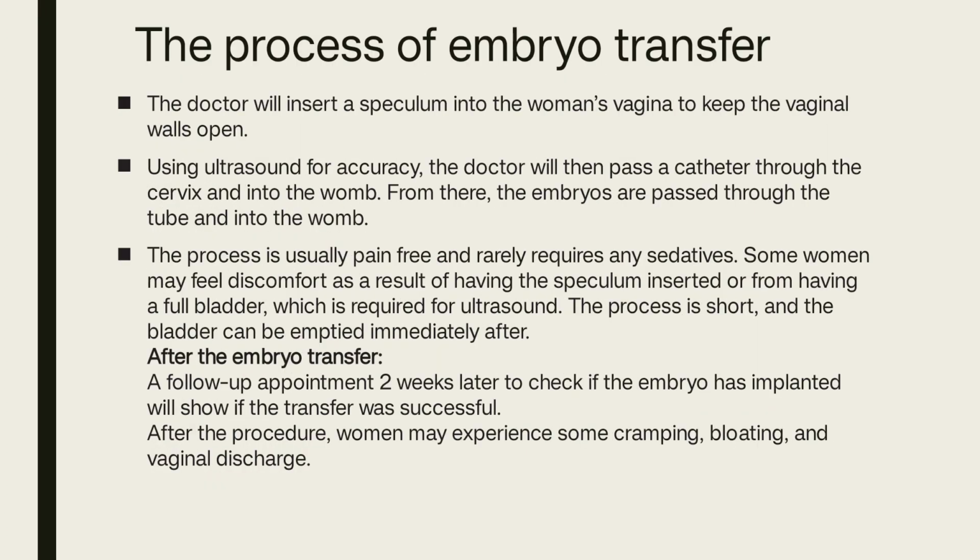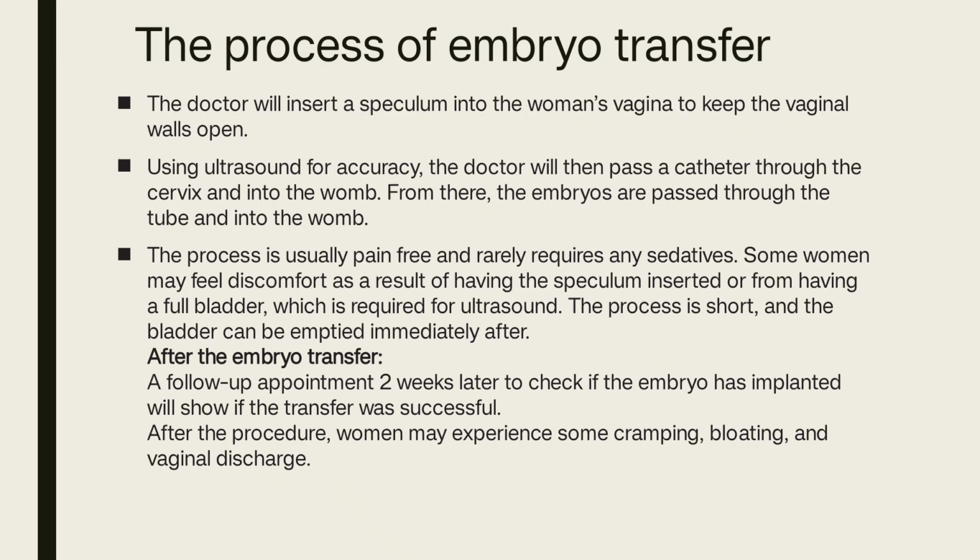So, the process of embryo transfer: the doctor will insert a speculum into the woman's vagina to keep the vaginal walls open. Using ultrasound for accuracy, the doctor will then pass a catheter through the cervix and into the womb. From there, the embryos are passed through the tube and into the womb.